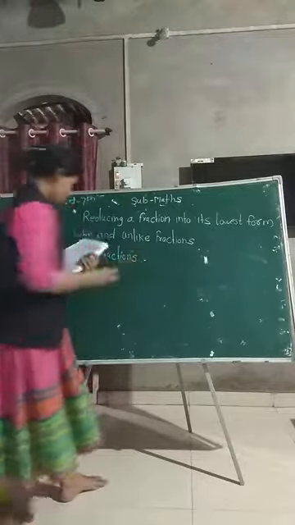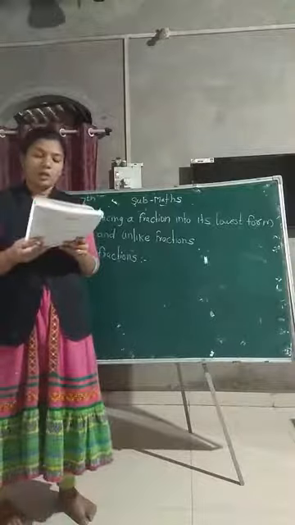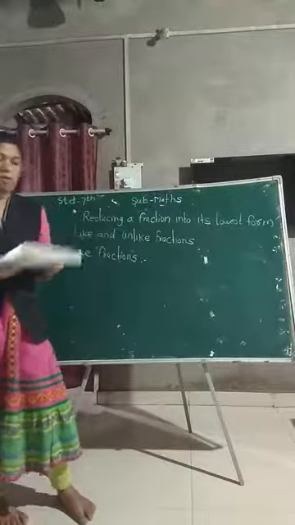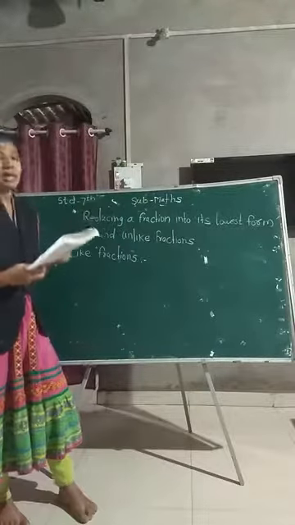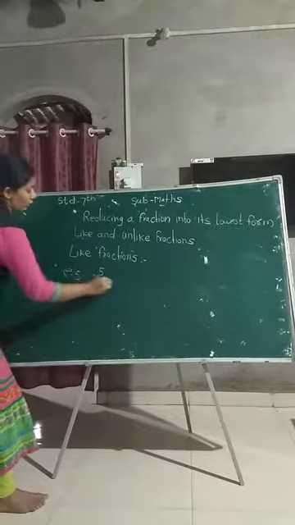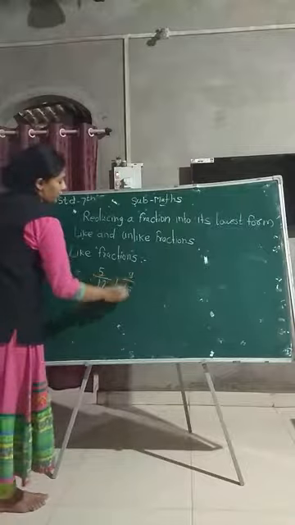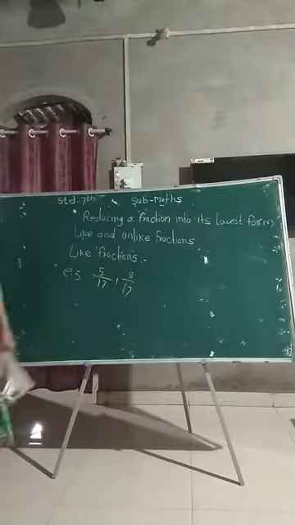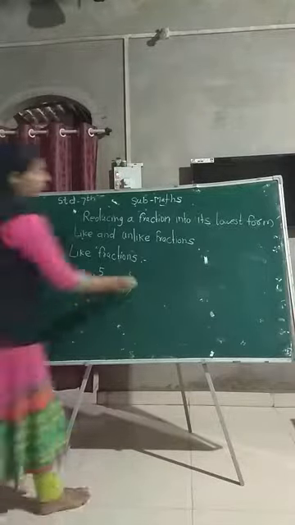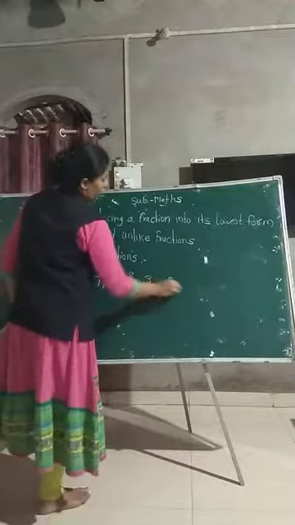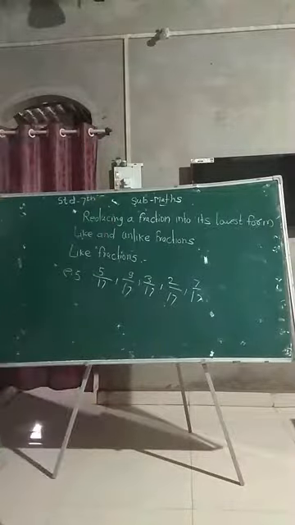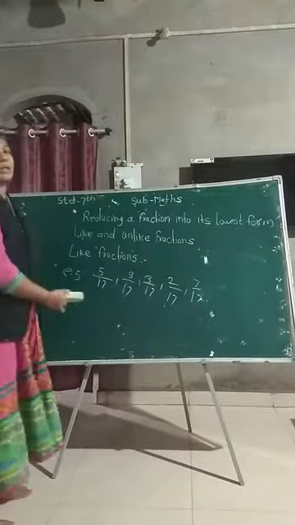In like fractions, two or more than two fractions are said to be like fractions when their denominators are same. For example, 5 upon 17 and 9 upon 17. These are like fractions. We can take also 3 upon 17, 2 upon 17, 7 upon 17. These are also like fractions because denominator is same.